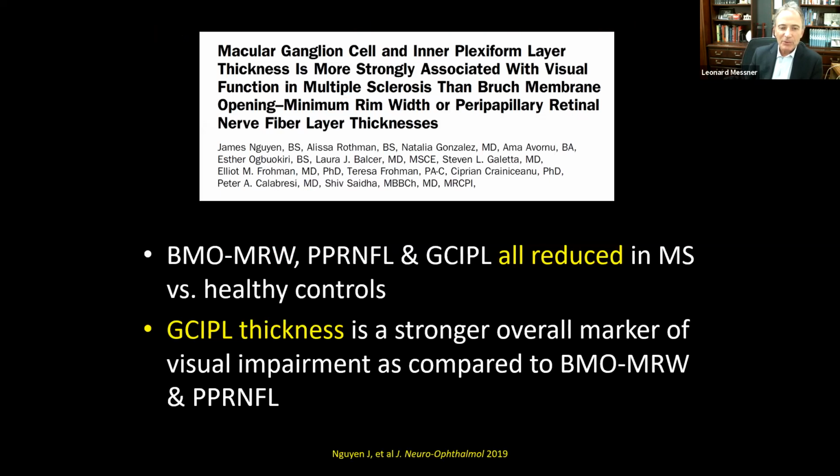This is a nice paper that was published just a couple of years ago, specifically looking at both ganglion cell thickness as well as nerve fiber layer thickness as related to visual function, and specifically visual function in the context of visual fields, as well as low contrast letter acuity.